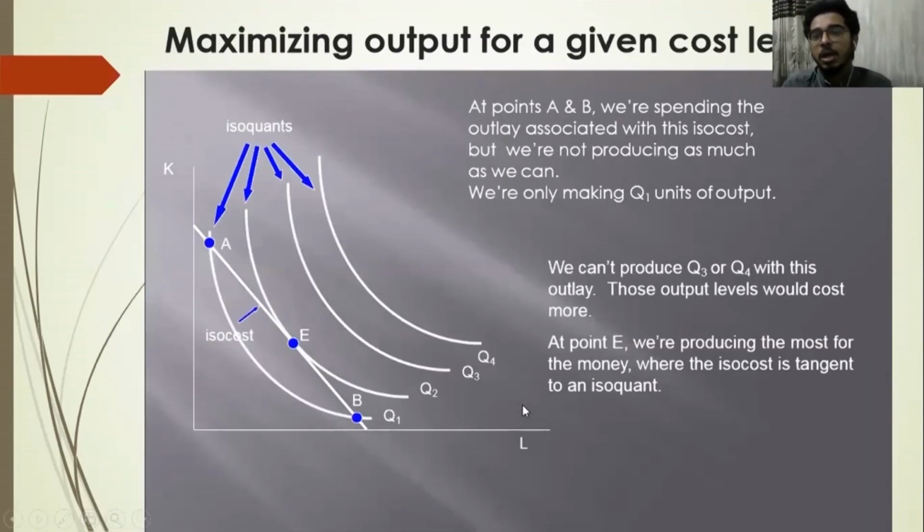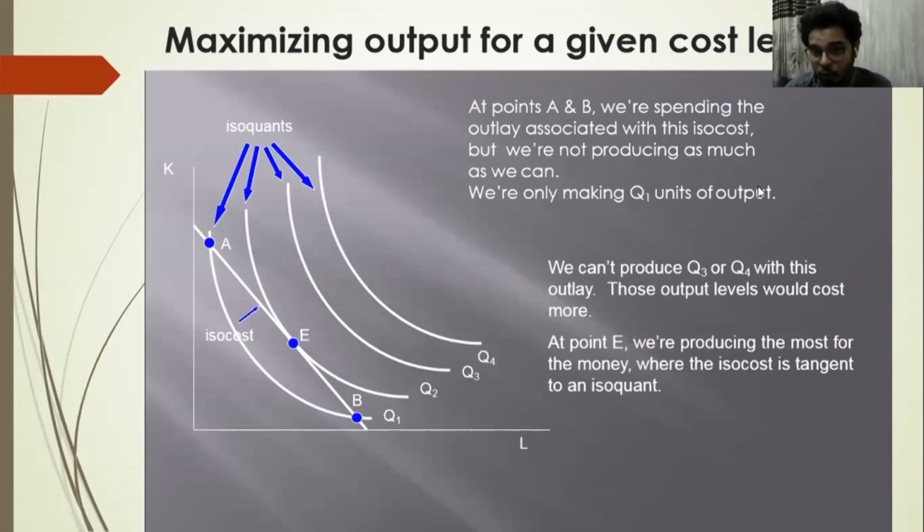Now if you look at this, maximizing output for a given cost level, you can see that at points A and B, I am utilizing the entire budget, but I am not producing the maximum because my isoquant is lower, Q1. If I am at point E, then I am achieving the highest isoquant while spending the same budget.